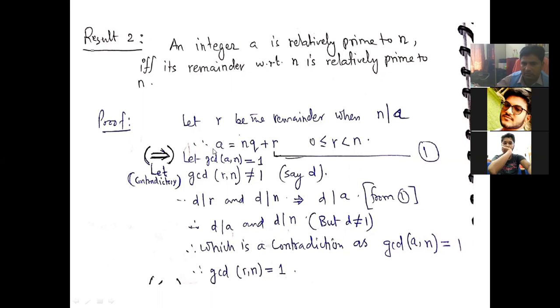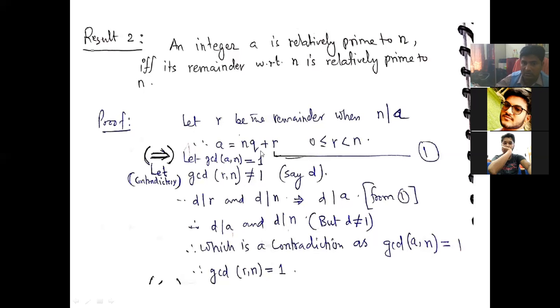So therefore d divides a. d divides n, d divides n, but d not equal to 1, which is a contradiction as GCD of a and n equal to 1. d divides a and d divides n. So at least GCD of a comma n is d, but d not equal to 1.